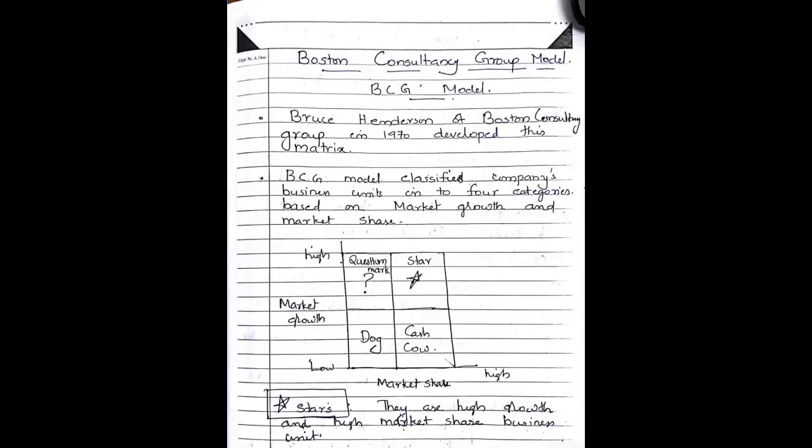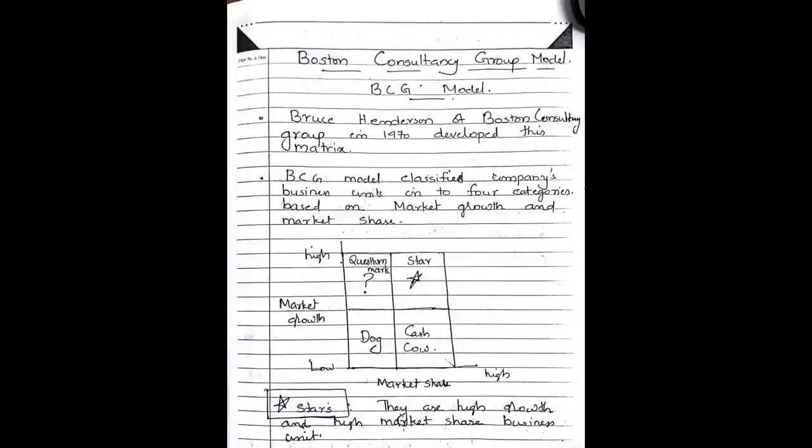The BCG model classifies a company's product or a company's business unit into four categories. That means a product can be a star product, or a question mark product, or a dog product, or a cash cow product.